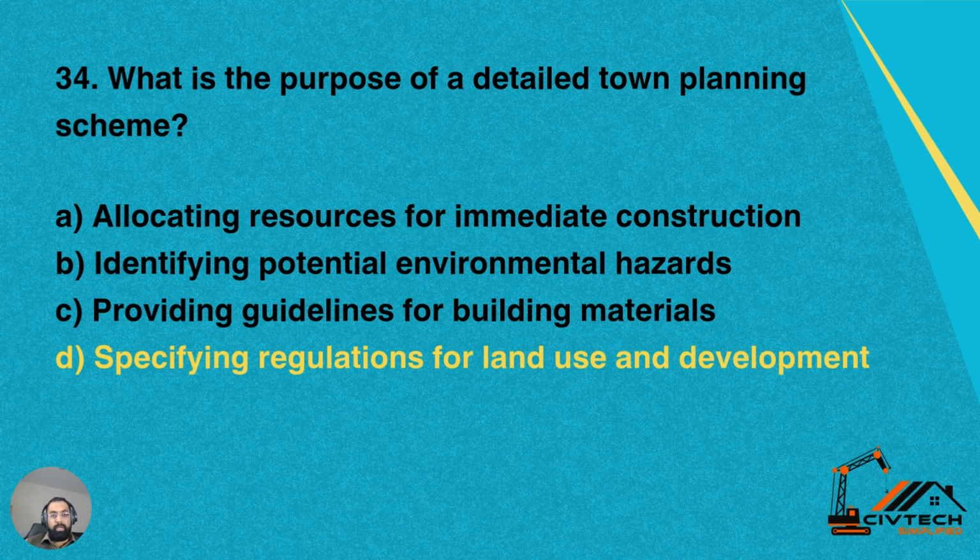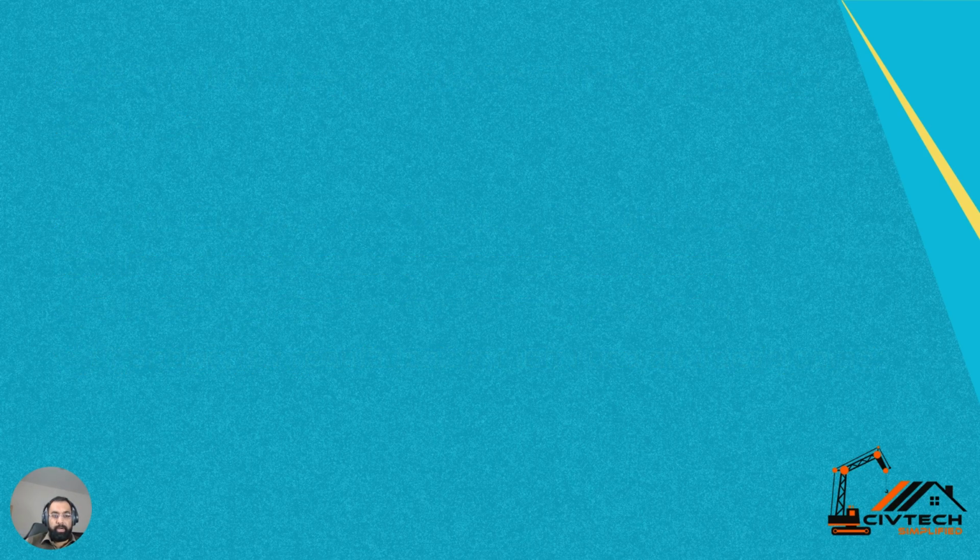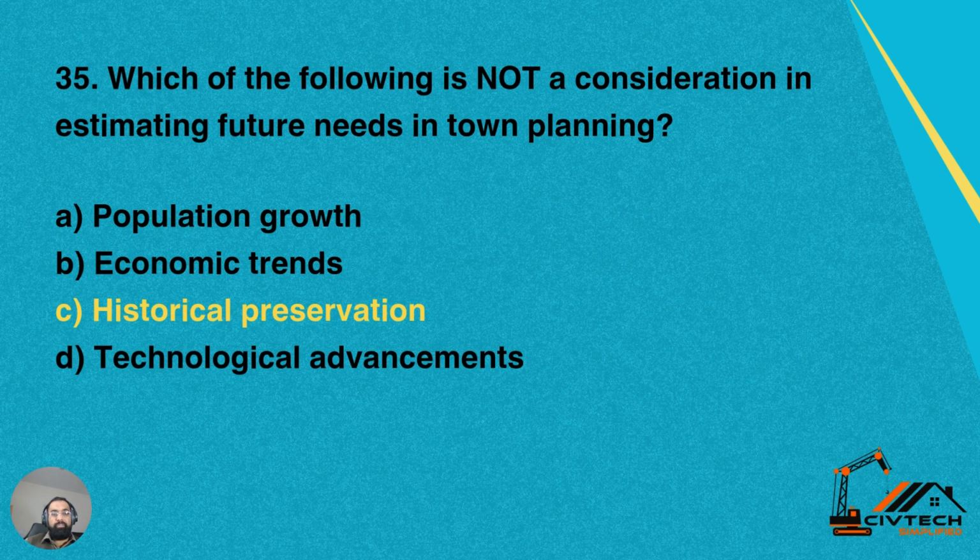So option D is correct with respect to a detailed town planning scheme. We specify various regulations for land use and development in the detailed planning stage. So option D is correct.